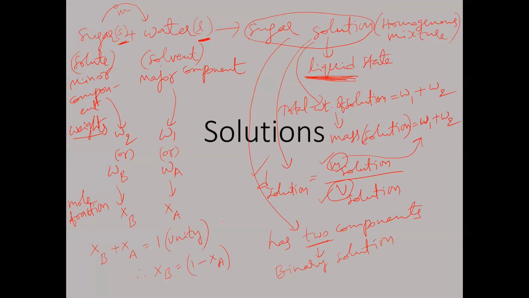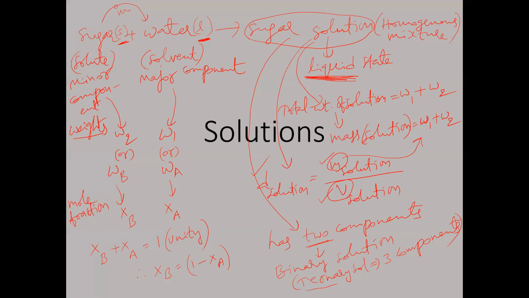Now this solution is called ternary. A ternary solution contains 3 components.